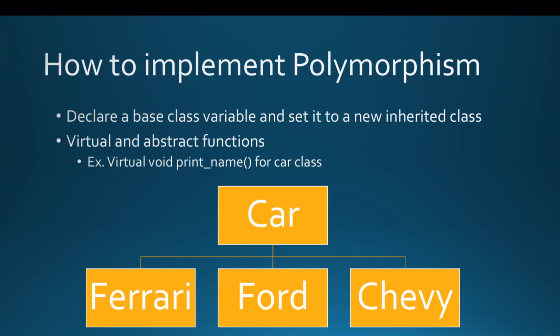Then, in main, like I showed you in the last tutorial, we put the asterisk and then the variable name, based off the class that we want to make use of. And then we set it equal to new, and instead of new car, it could be new Ferrari or new Ford, if you made the class Ferrari or Ford inherit from the car class.